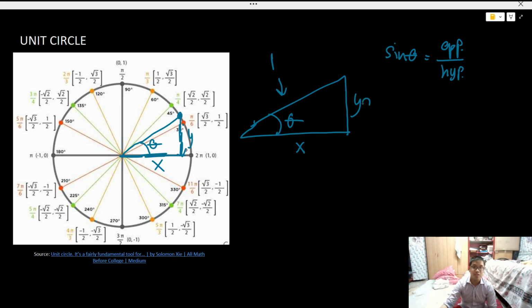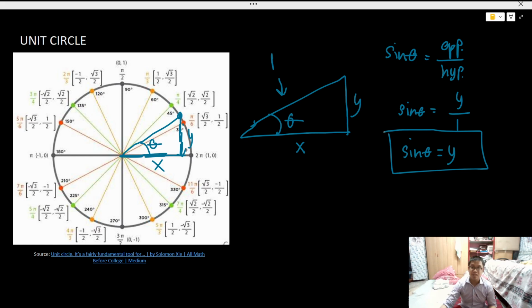So the opposite here is your y, because it has no angle beside it. And your hypotenuse here is 1. If we simplify this, y divided by 1 is y. So in the unit circle, your y is just the same as sine theta.